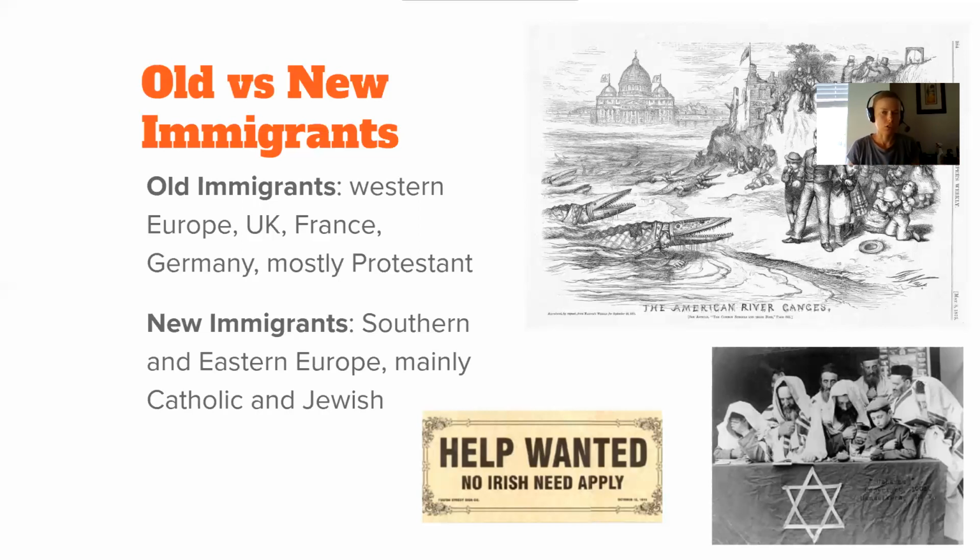The Catholic Church has very different rituals and customs than most Protestant churches, but it's still Christian, right? The Eastern European immigrants that came over from like Romania and Poland, many of them were Jewish, okay? And in Judaism, it's very different. Or they were speaking also different languages: Polish, Romani, Russian, Yiddish, Hebrew.